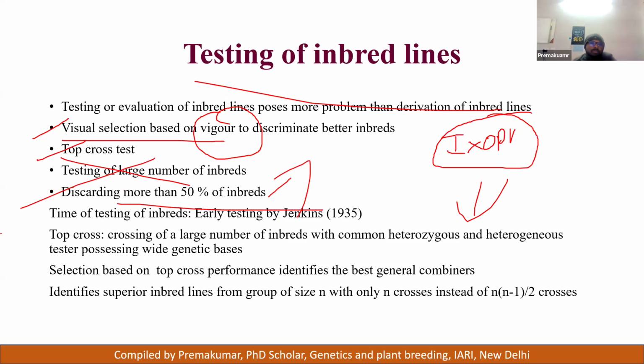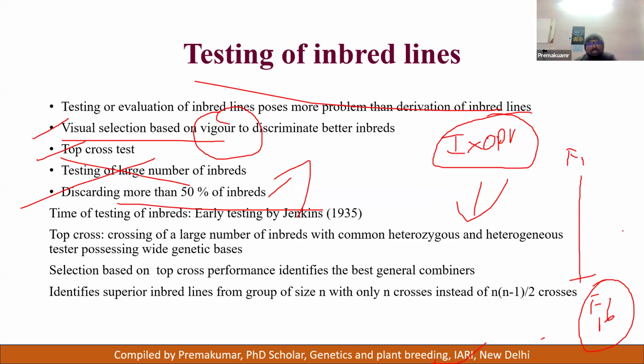Okay, your testing method is there, but when to test? Your F1 to F6, your breeding procedure, is there. But when to do evaluation? At what time should you evaluate so that you get maximum benefit in terms of time, labor and resources?